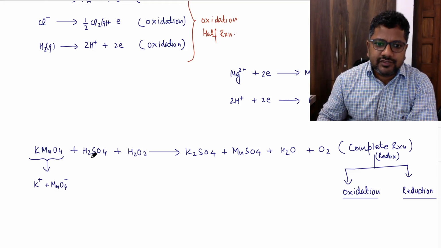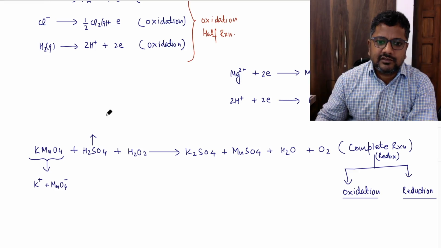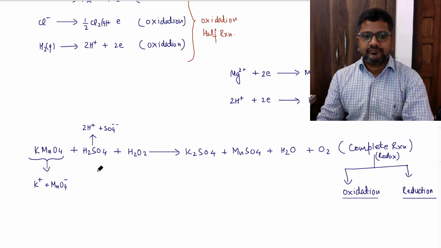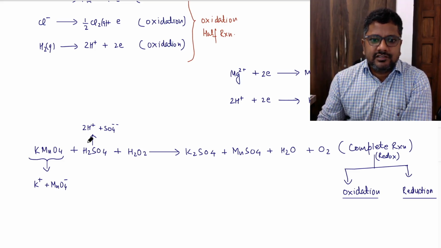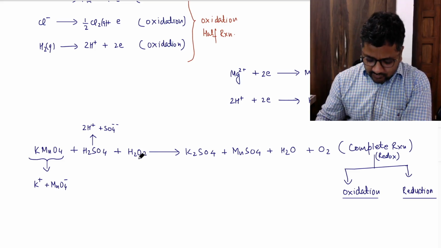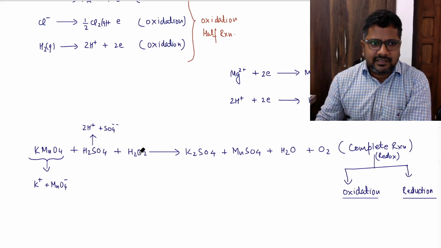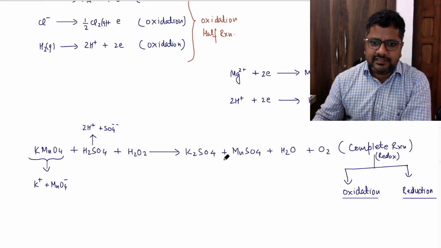See, H2SO4 exists as what? Since it is a strong electrolyte, it exists as 2H plus and SO4 2 minus. Don't think that H2SO4 always exists in the form of H2SO4. H2O2, leave that, it may exist as H plus and OH minus, but I am taking it here in molecular form.